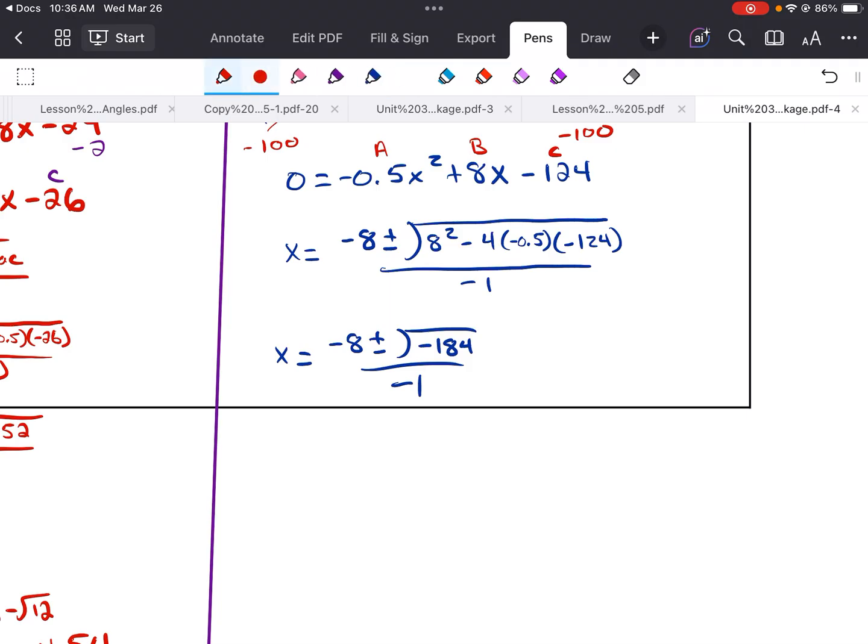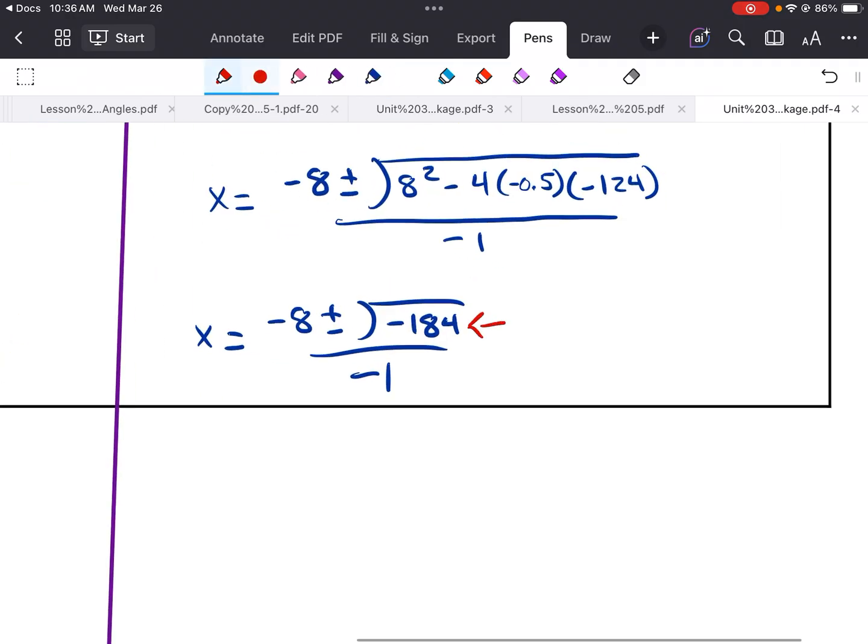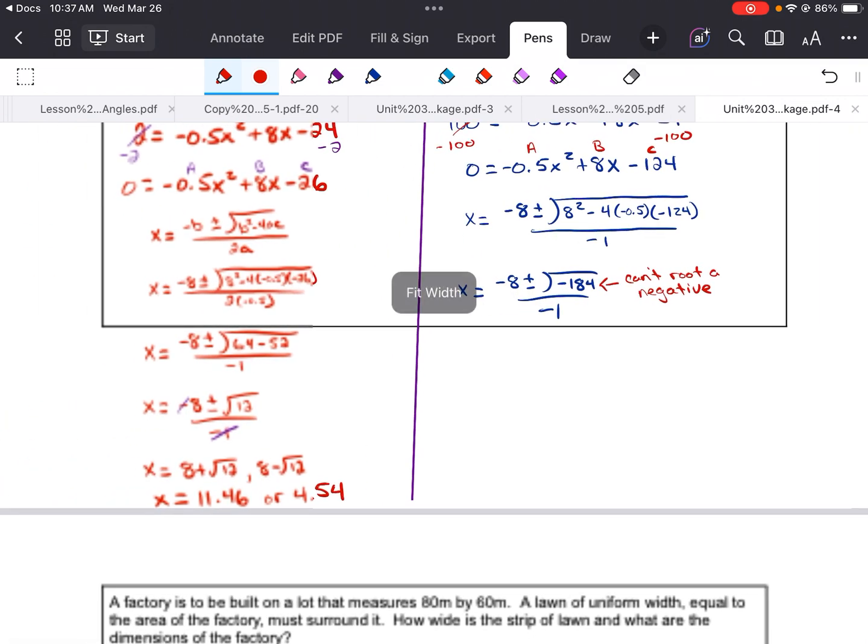And we can't do this. Can't root a negative. So what this means is the company will never reach $100,000 in profit using this model.